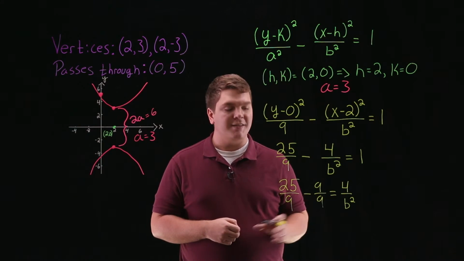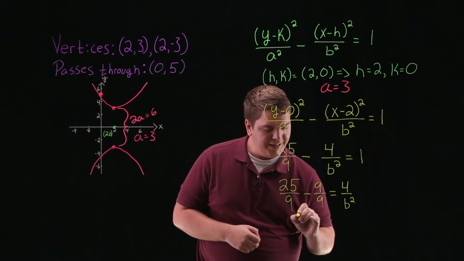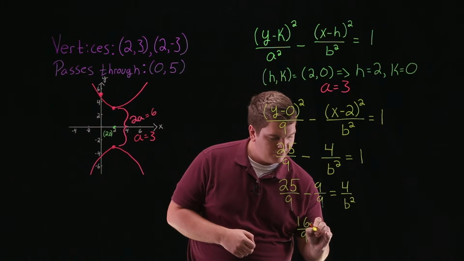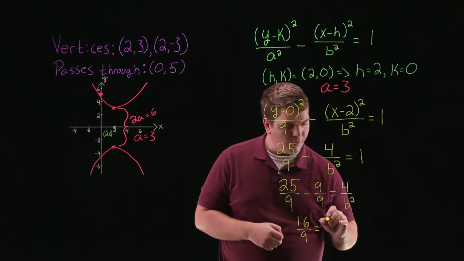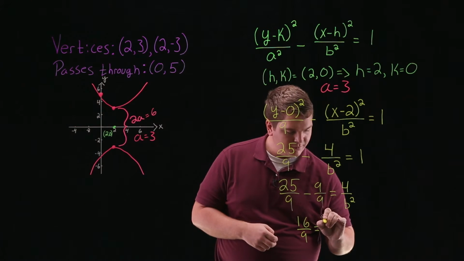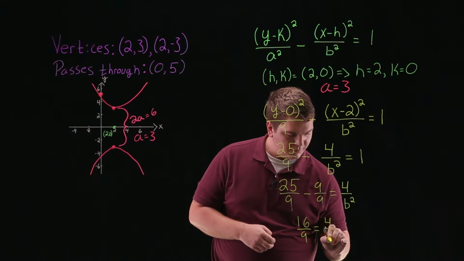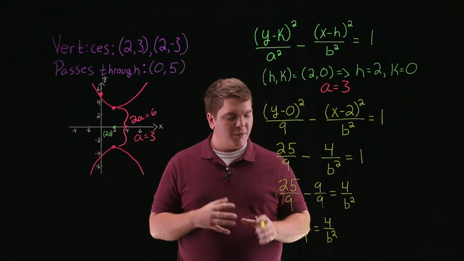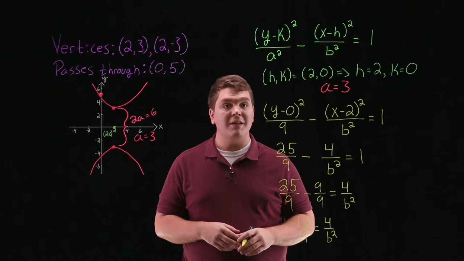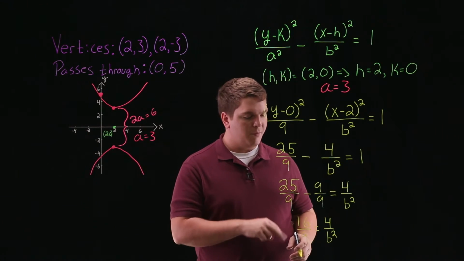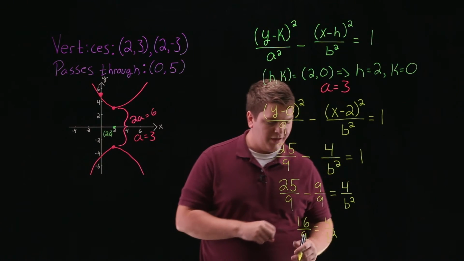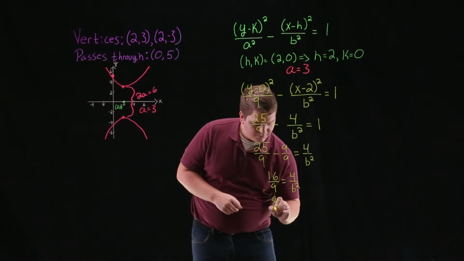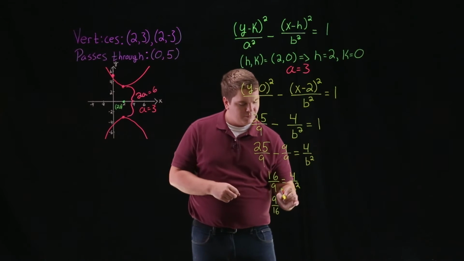So what we have on the left-hand side is 16/9 is equal to 4 divided by b squared. Now, there's a couple things that we can do here in order to solve for this. Let's take the reciprocal of both sides. So here, if we take the reciprocal of 16/9, this is going to be 9/16.